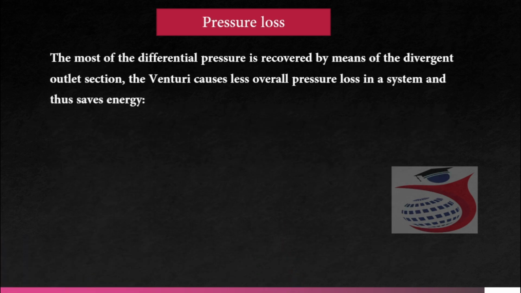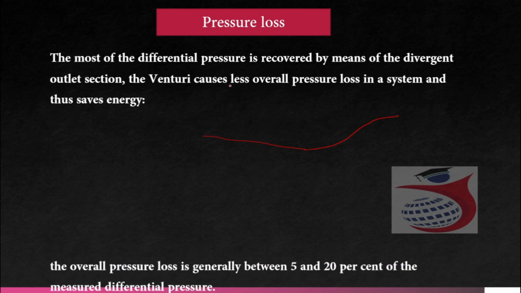What will be the pressure loss? Most of the differential pressure is recovered here. In an orifice plate we get a huge pressure loss, but here we recover because of the construction. I showed you at the start of this training how the pressure gradually drops and gradually increases. So the pressure loss is less here.